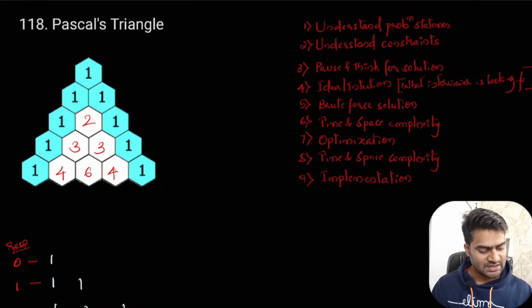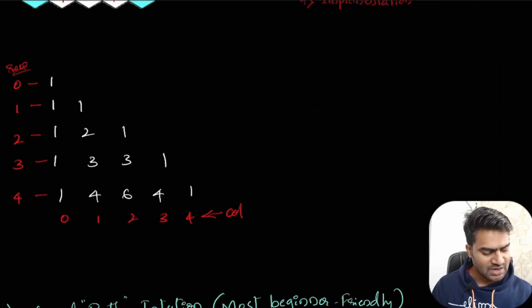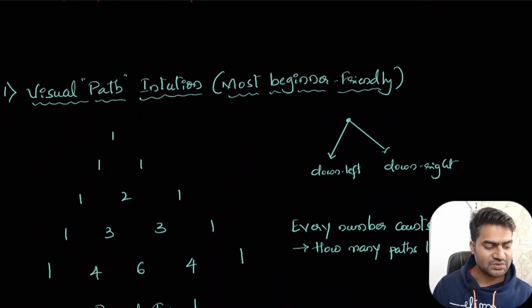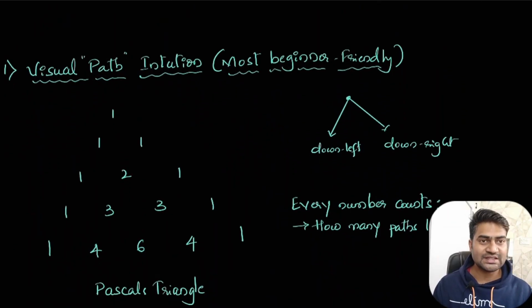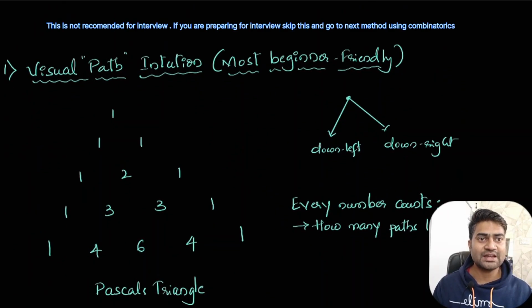With that, let us try to understand the first optimal solution. First I'll discuss one optimal solution, and then I will discuss the other one in detail, brute, better, best, because this is not very intuitive.